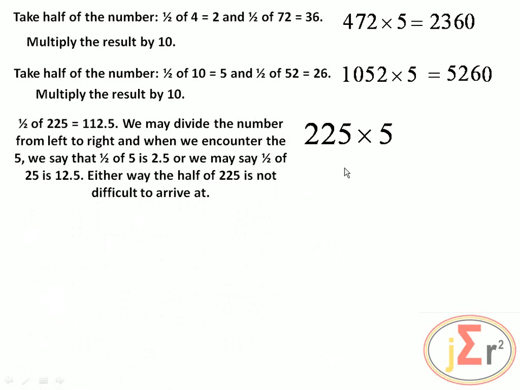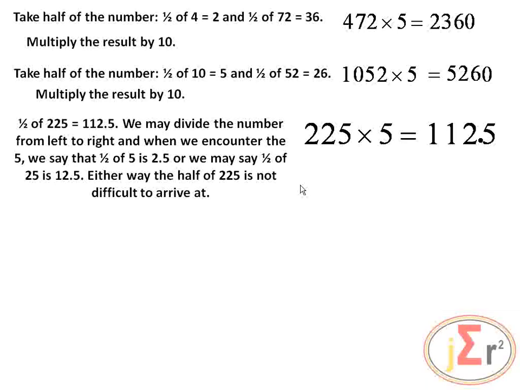A half of 225 is equal to 112.5. We may divide the number from left to right, and when we encounter the 5, we say a half of 5 is 2.5. Or we may say a half of 25 is 12.5. Either way, the half of 225 is not difficult to arrive at.